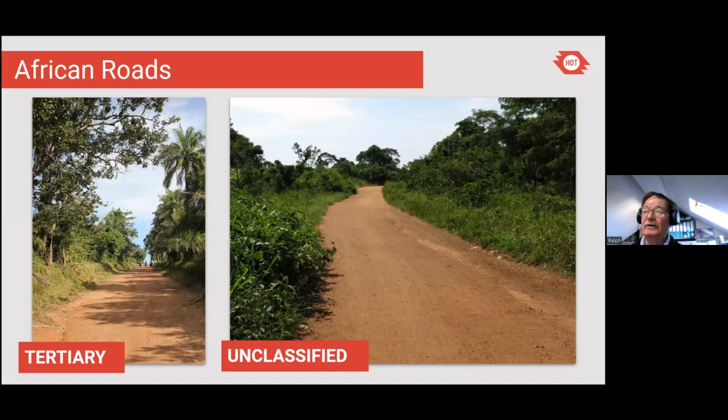The tertiary road is the road that's going to take you between 2 villages, major villages or towns. The unclassified road is going to take you through to smaller villages or hamlets or communities. Okay, so it's the importance of the road and what it links to or takes you to that decides how you're going to classify it, and not the condition of the road.